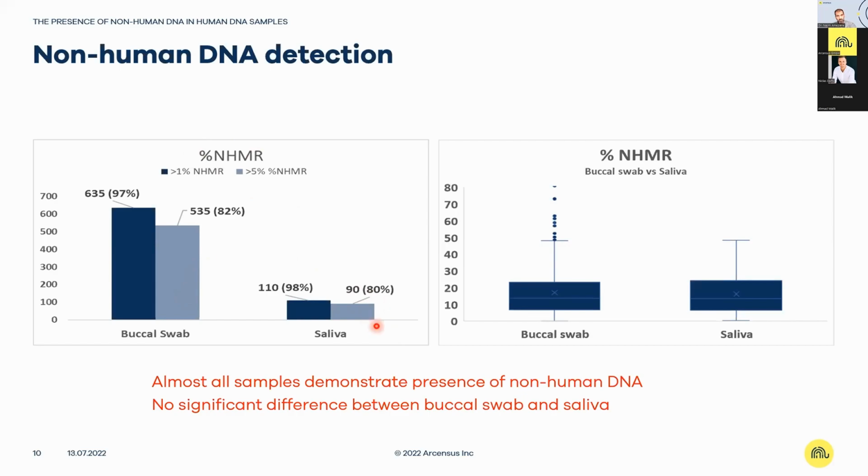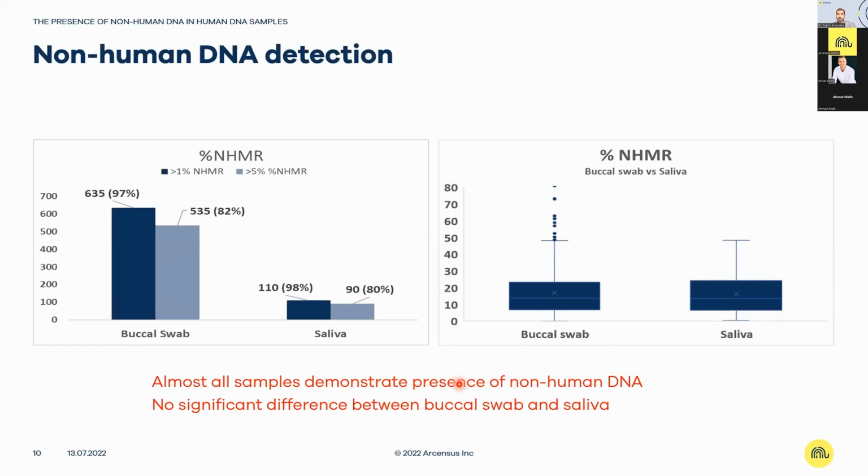But if we set the cutoff at 1% of those reads that do not align to the human reference genome, then the percentage rises a bit higher, which sounds logical. So this shows that almost all samples demonstrate the presence of non-human DNA, especially when taken from buccal swabs and saliva.